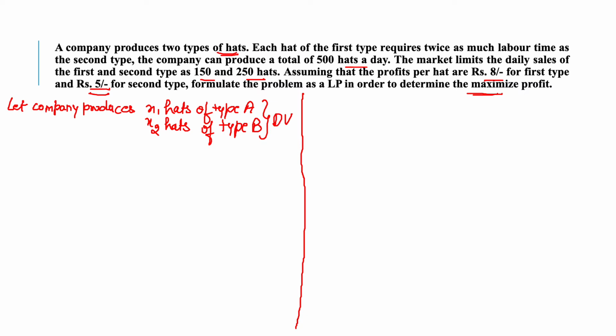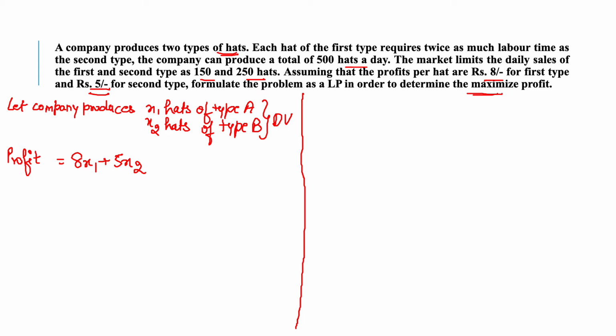Now second thing is we have to develop our profit, objective function. And objective function is what? To maximize our profit. So profit after selling both the hats is 8 into X1 plus 5 into X2. Okay, it's given that profit per hat is 8 rupees for X1 type and 5 rupees for second type.